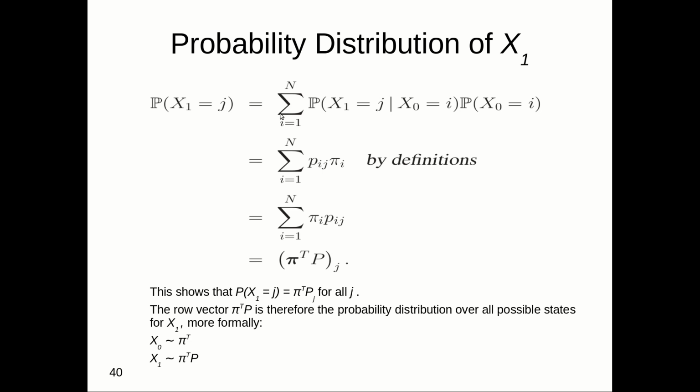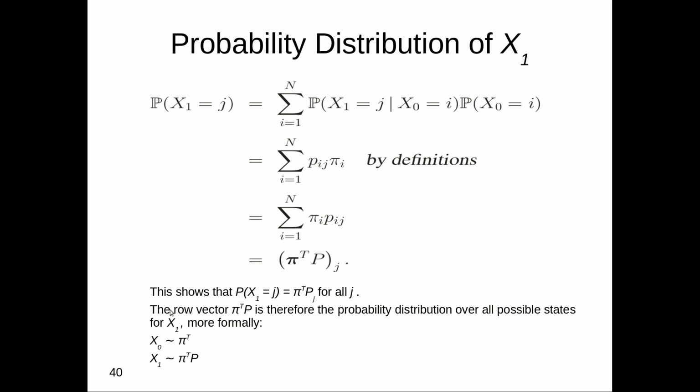This is again the equation I've shown here that we've seen before, and this shows that being in state j at time 1 equals the product of the transposed prior probabilities p transpose with the transition matrix P for all j.